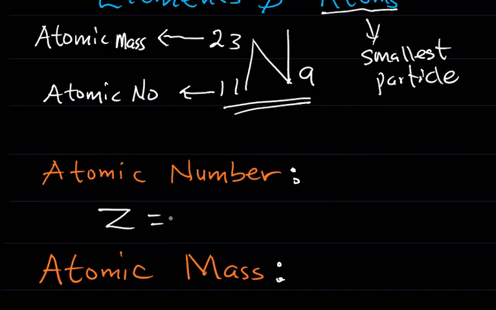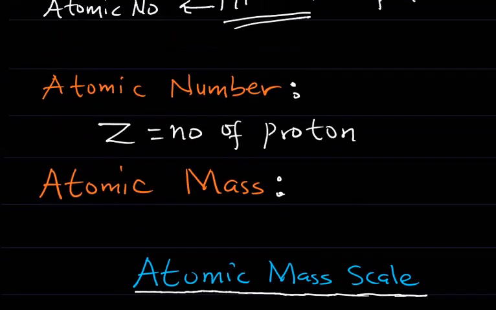It's the number of protons found in the nucleus of the atom. All right. The atomic mass of an atom, you can call it atomic mass or mass number, it is the same, or even the nuclear number.